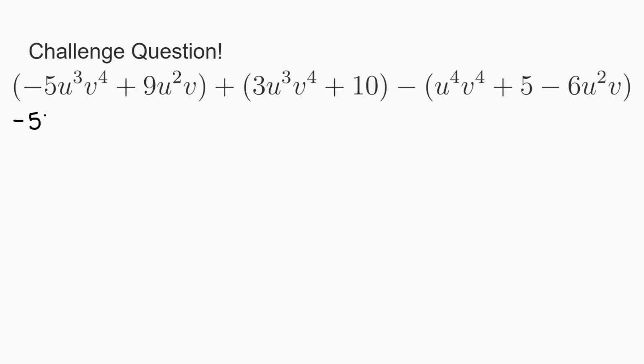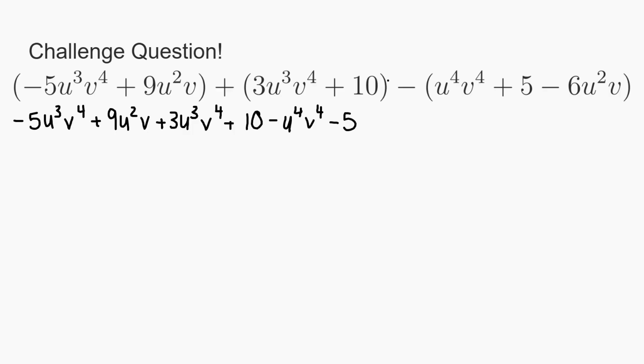Negative 5u^3v^4 plus 9u squared times v plus 3u^3v^4 plus 10. And now we're going to distribute this negative. So negative u^4v^4 minus 5, and then plus, because there's two negatives, plus 6u squared v.